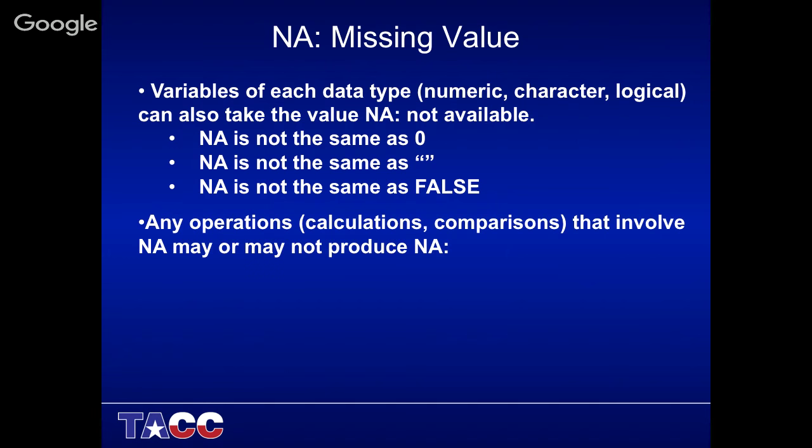And the operations that involve a variable that is not available are implementation defined, which means you can't really predict what that operation is going to do. So if you have an addition with one of the operands not available, then the result of that could depend on your R implementation. So the R client that you happen to be using at the time might handle it a different way.